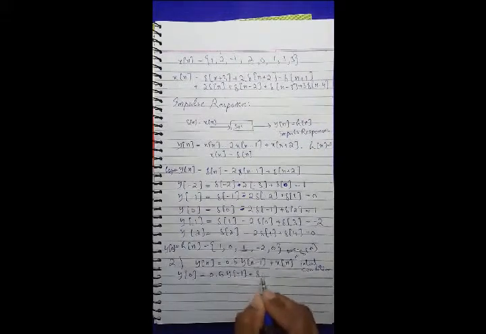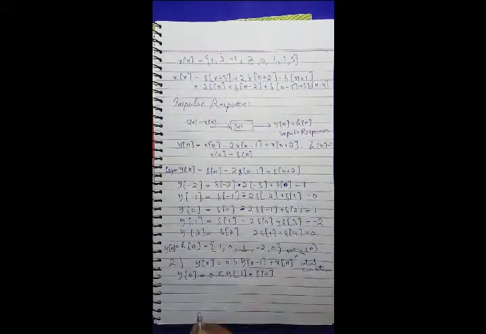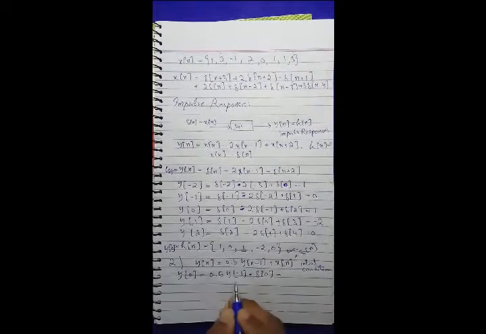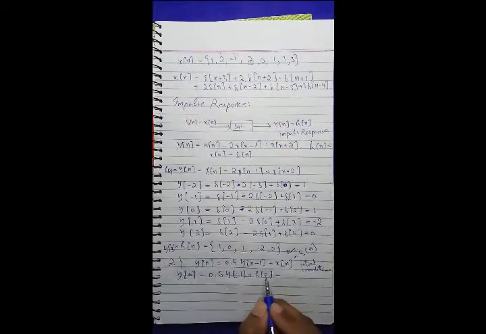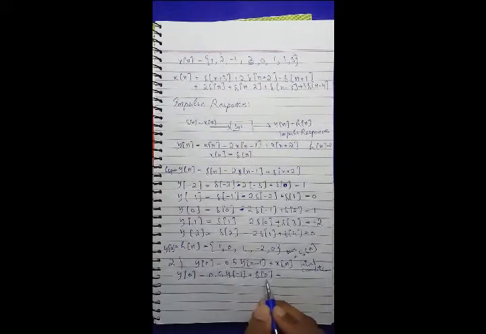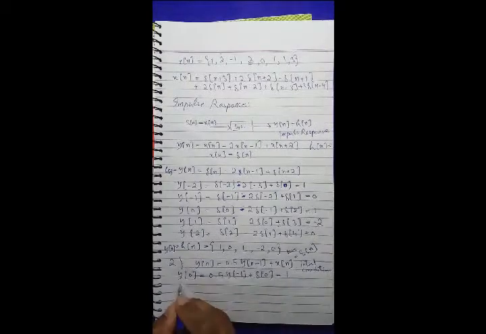So here it becomes delta of 0. We have assumed that y of n has 0 values when n is less than 0. So here n is equal to minus 1, we have 0 value here, and this all becomes 0, and here it is delta of 0, which is 1. So we have 1.